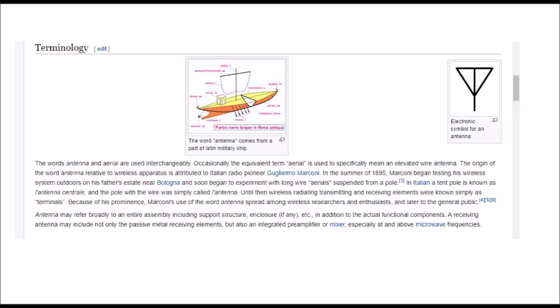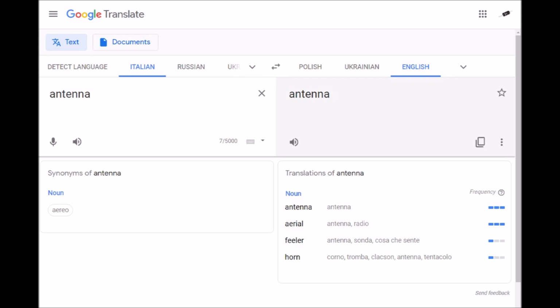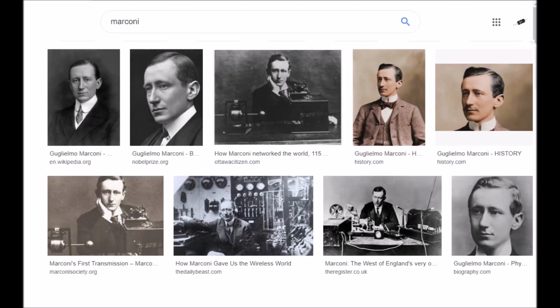and then there's a next paragraph called Terminology, which I will read now. The words antenna and aerial are used interchangeably. Occasionally, the equivalent term aerial is used to specifically mean an elevated wire antenna. The origin of the word antenna relative to wireless apparatus is attributed to Italian radio pioneer Marconi.